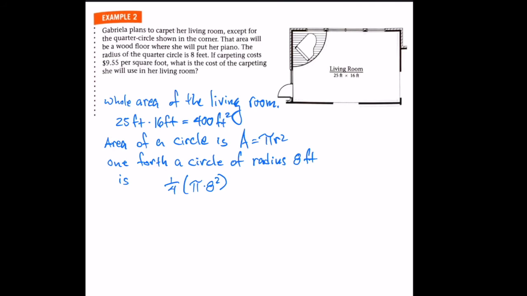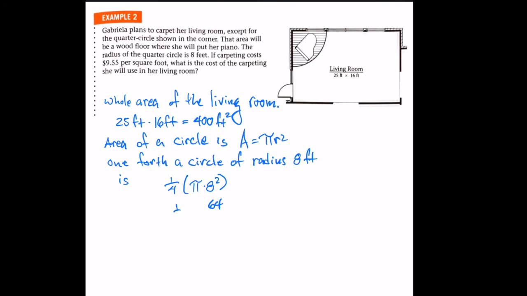Now the area of a circle, remember, area is equal to pi r squared. And they talked about that radius of the quarter circle is 8 feet. And so if we wanted to calculate what the area is, we could say 1/4 of the area of the circle, which is pi r squared, with r is 8 feet. So we can just say 8 squared, and we get 64.